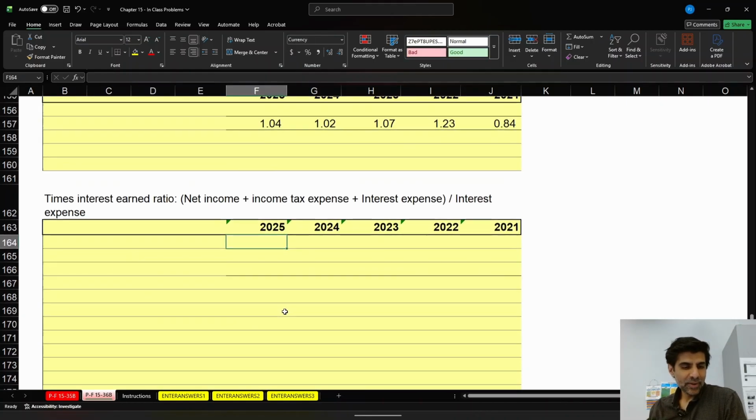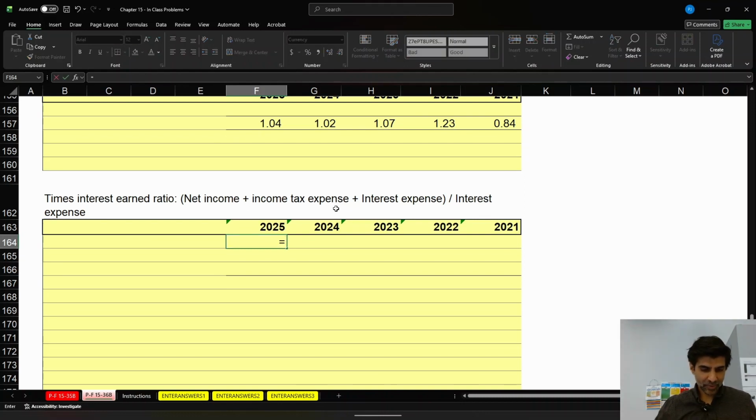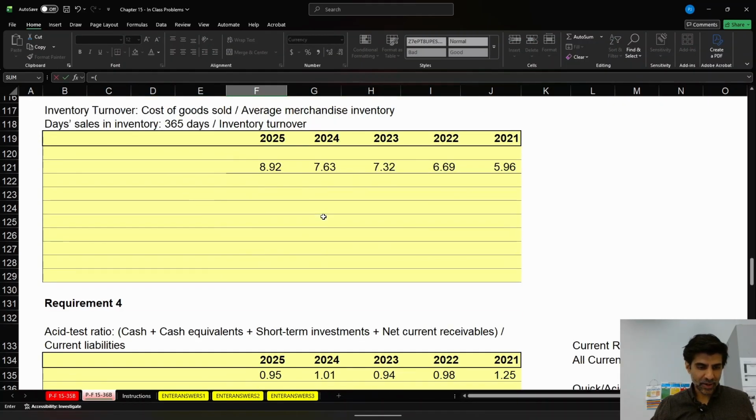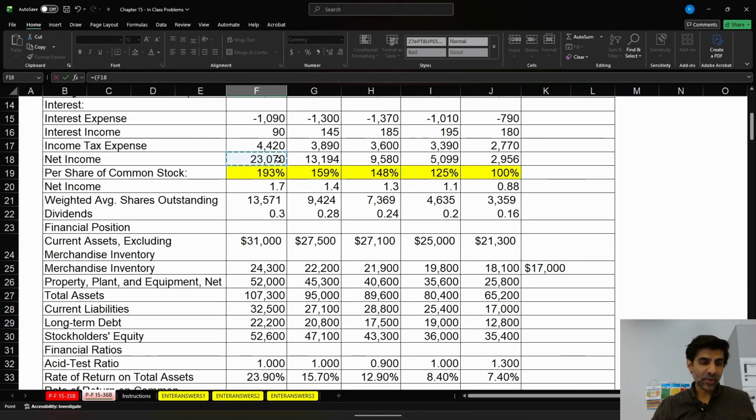Times interest earned: net income, and again, we're taking net income, we're adding back income tax expense, we're adding back interest expense to get the total pool of profit available to service your debt. That's why we're adding these other things back. Actually, there was income tax expense, so that formula we did for asset turnover or return on assets is incorrect.